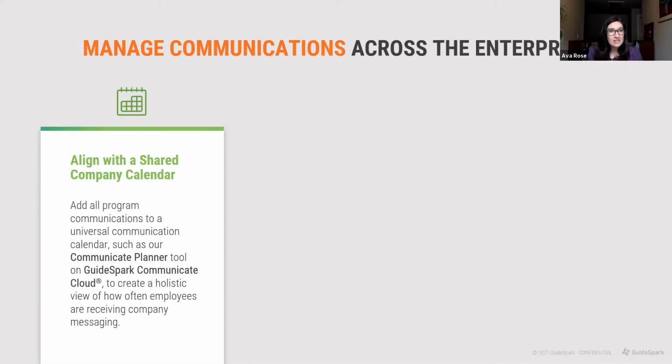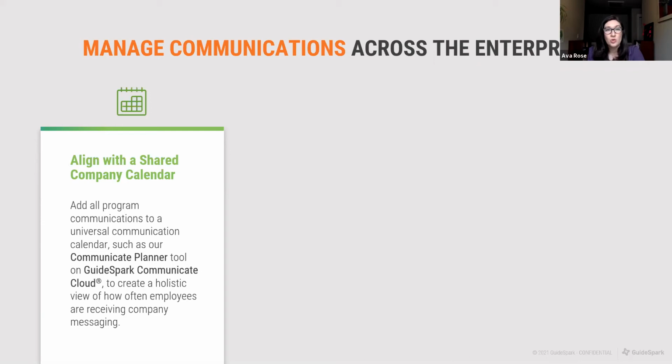The best campaigns with carefully segmented audiences and really cleverly crafted messaging will get lost in the shuffle if they haven't been properly situated in the larger communication ecosystem. I really recommend trying to align with a shared company calendar. In the GuideSpark Communicate Cloud, we've developed a Communicate Planner tool that shows every campaign being run across a customer's account.